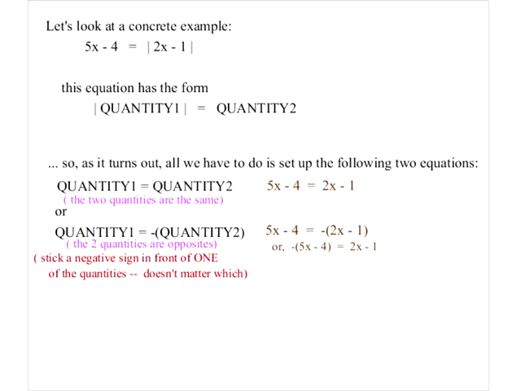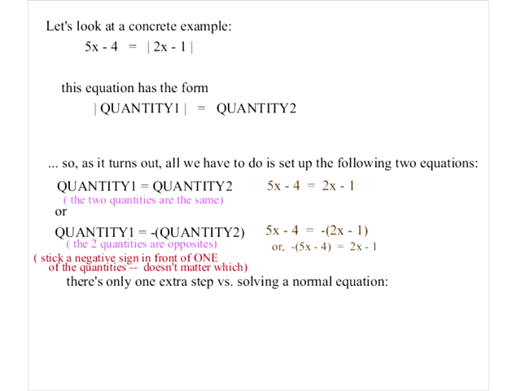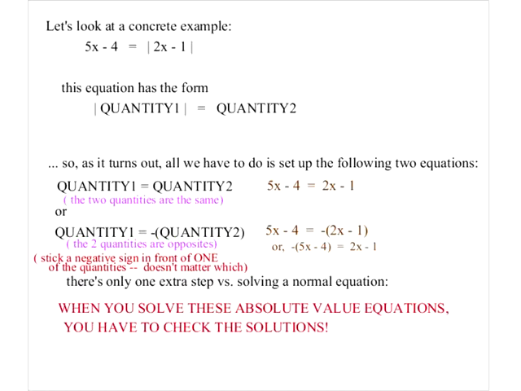Well, here's what you do. Some of you are typing in a text box. You could make sure that one of these quantities is positive, and you can worry about regions where this happens. But you don't even have to think that hard. It turns out that it's easier than that. All you have to do is one extra step versus solving a normal equation.